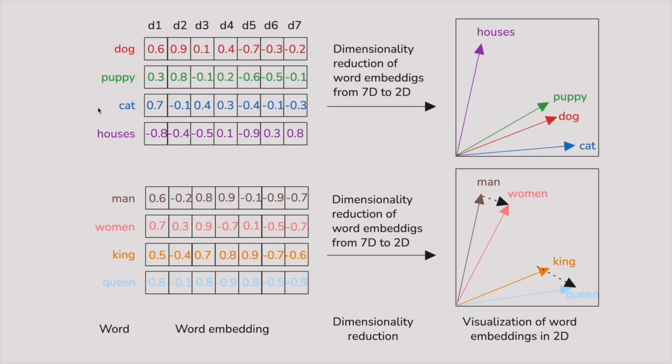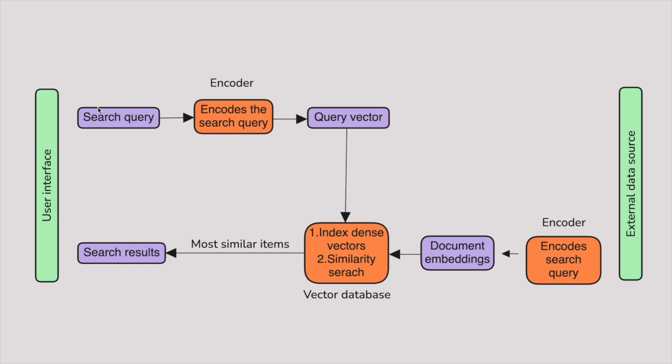So this way you use the vector database to find the objects that exist on the picture that you feed to the database. The high-level workflow would look like this. As you can see here in the middle, we have a vector database. On the right side, you can see that first, we take the external data source, we take some documents or data that we want to embed and store in our database.